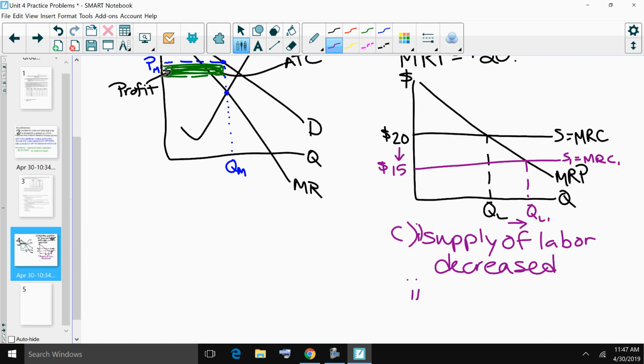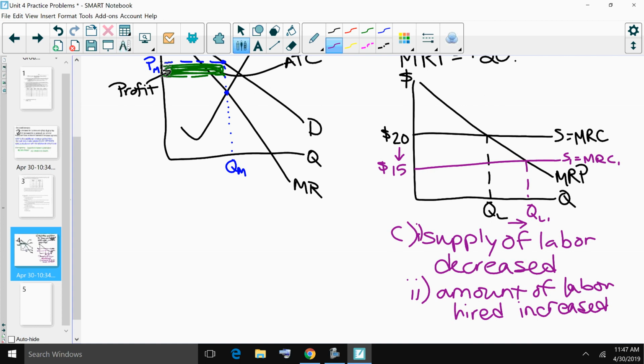And this is C2. What happened to the quantity of labor? The amount of labor hired would increase. All right, there's C1 and C2.